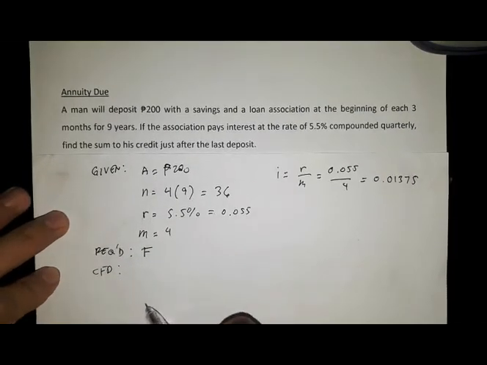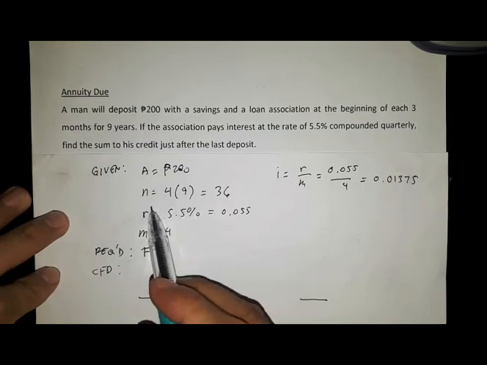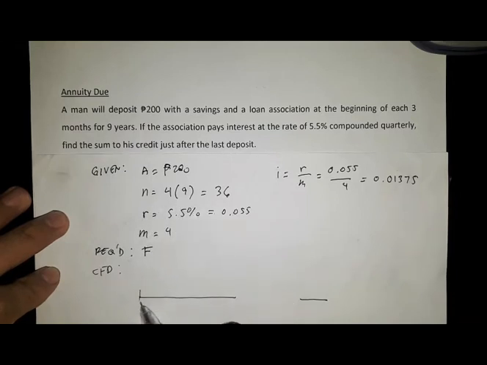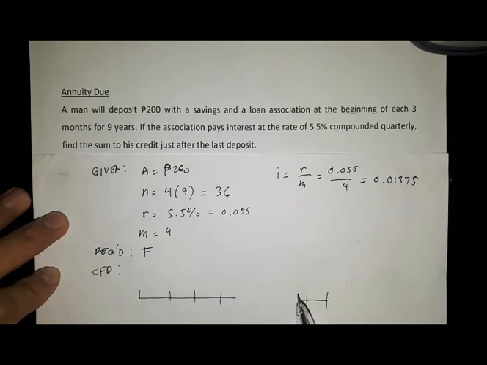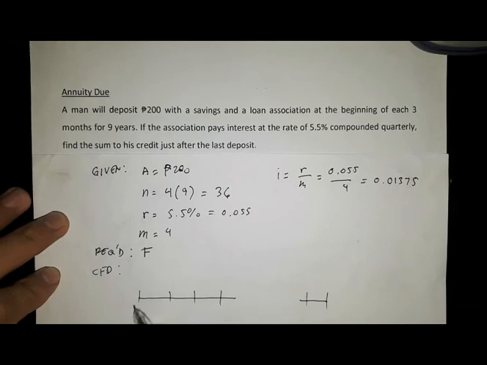So the cash flow diagram will look like this. You have a total N of 36. Your payment starts here.